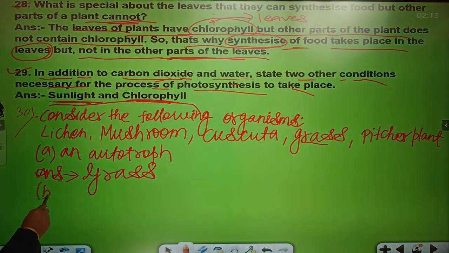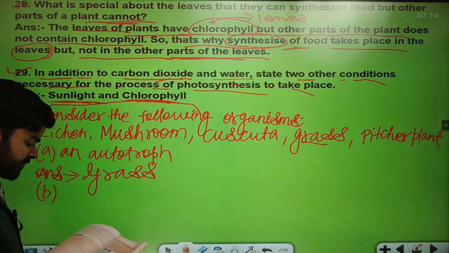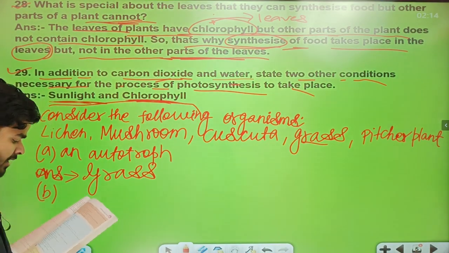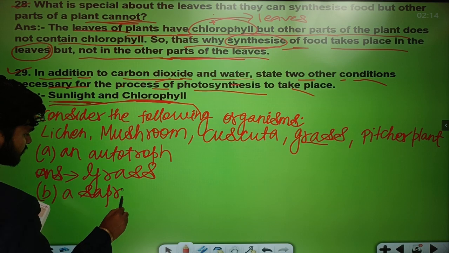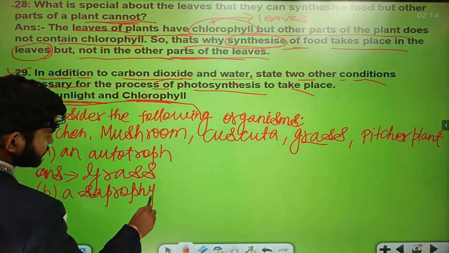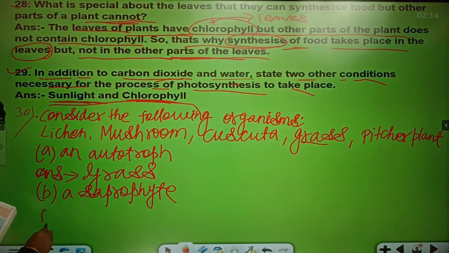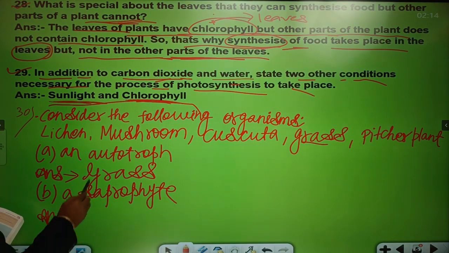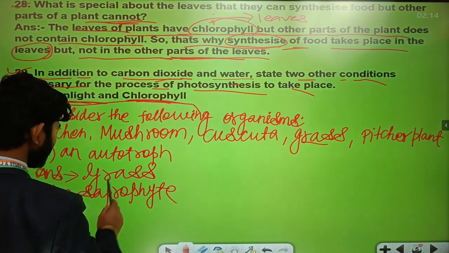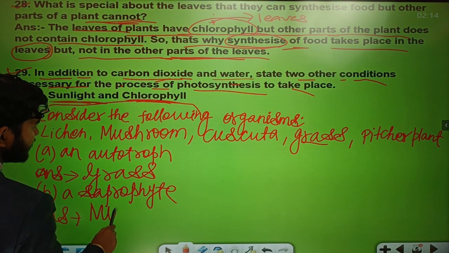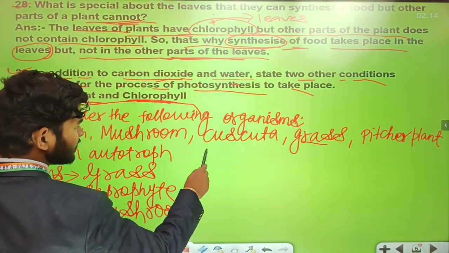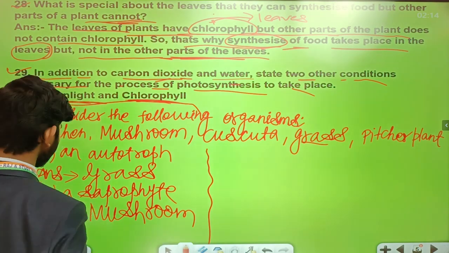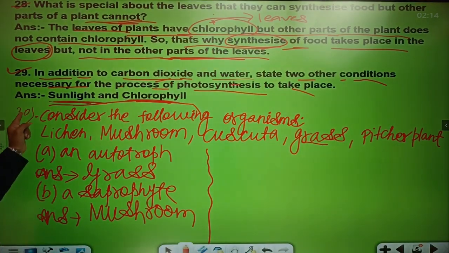Okay. Question B is saying a saprophyte. And which one is the saprophyte? Can you tell me? The correct answer is mushroom. Mushroom is a saprophyte. I have told you and I have given you some examples of saprophytes. If you want, you must write.